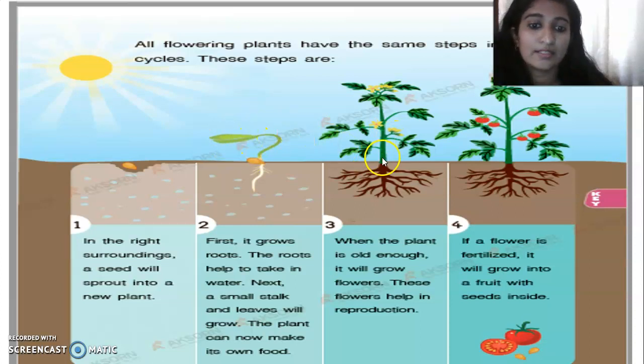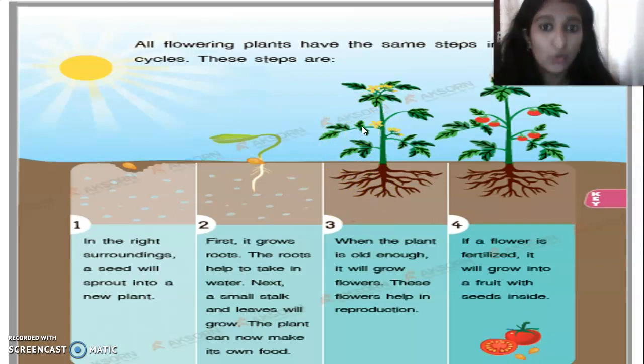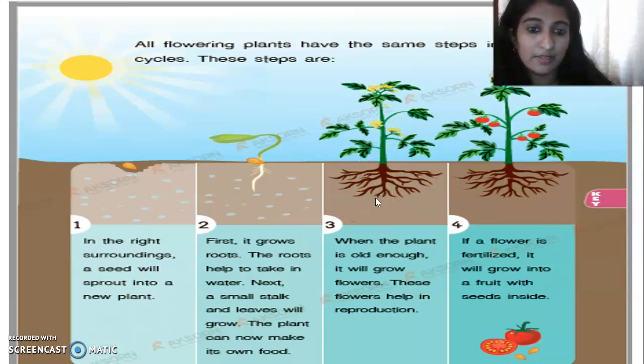Next, the third stage is when the plant is old enough. It will grow, and we have the roots, the leaf, the stem, and finally the flowers for reproduction.